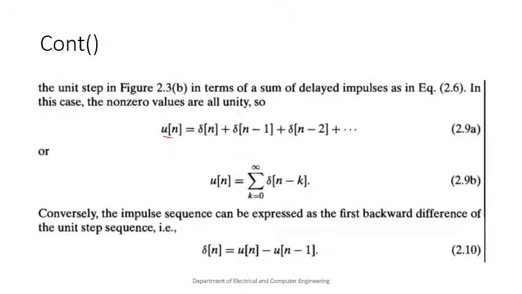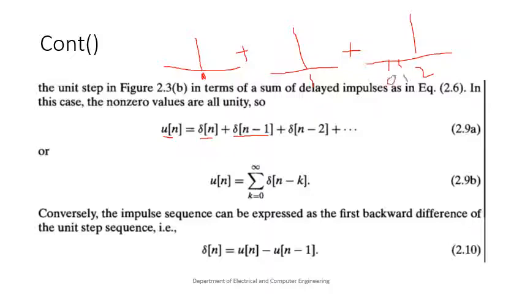Unit step can be obtained if I have delta of n, that is the unit impulse. Then I move the unit impulse 1 unit right. I'm going to draw it here. So this is at 0. Then I'm adding this, which is at 1. Then I'm adding this, which is at 2.